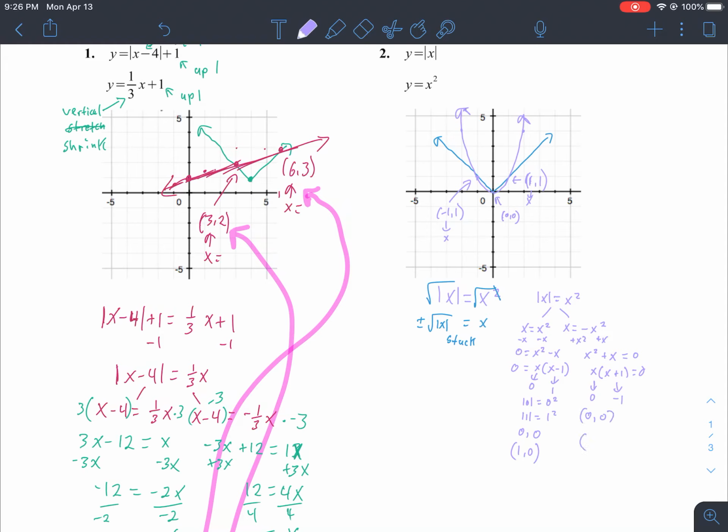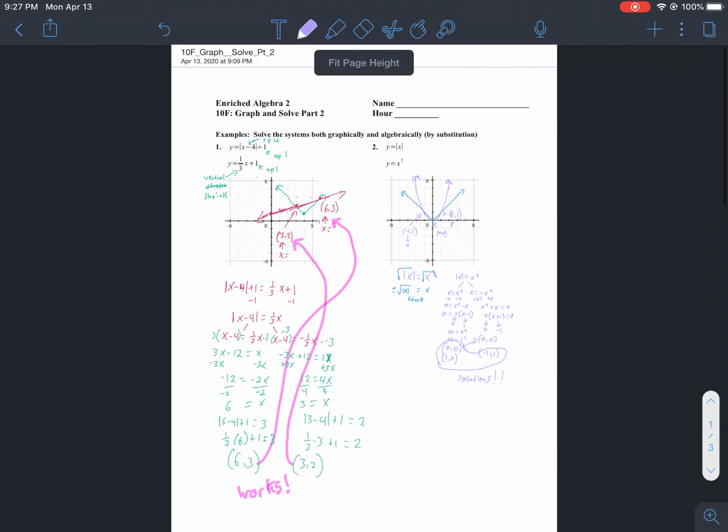Now if I plug negative 1 into the top and bottom, I get the absolute value of negative 1, which is 1, and negative 1 squared is 1. So 0, 0, which I got twice, 1, 0, and negative 1, 0 are the 3 solutions. Holy cow. There's 3 solutions. It worked.